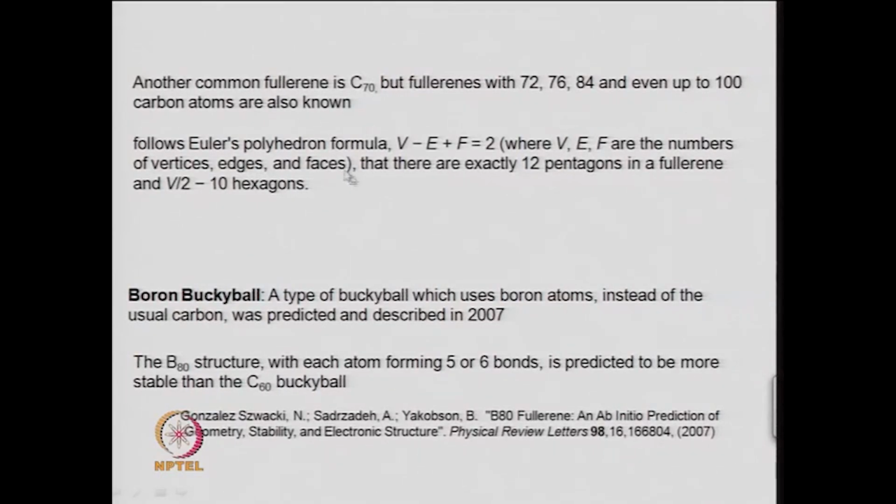and how many faces are there, and you can use this formula V minus E plus F equal to 2, where V, E, F are the vertices, edges and faces, and you can find out that there will be exactly 12 pentagons and V by 2 minus 10 hexagons.